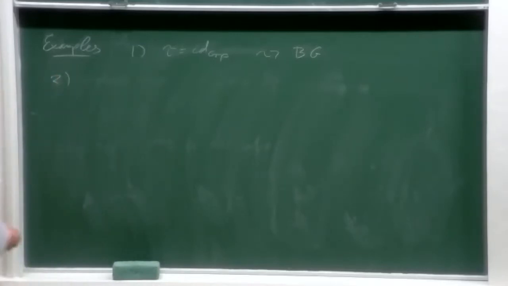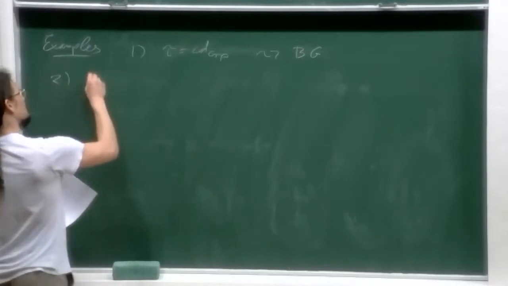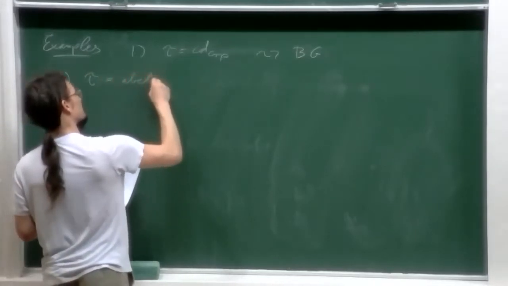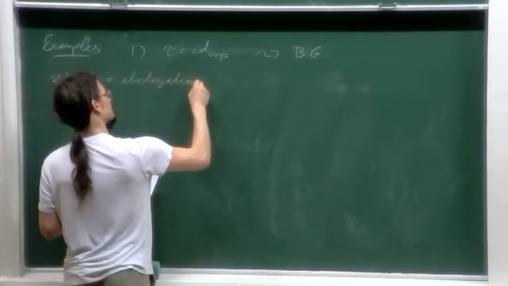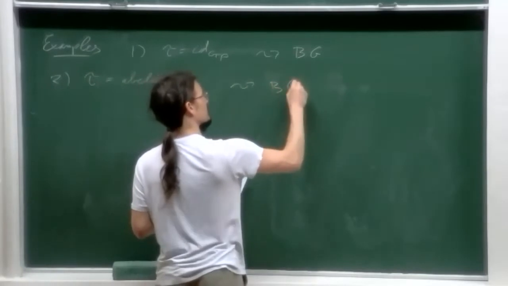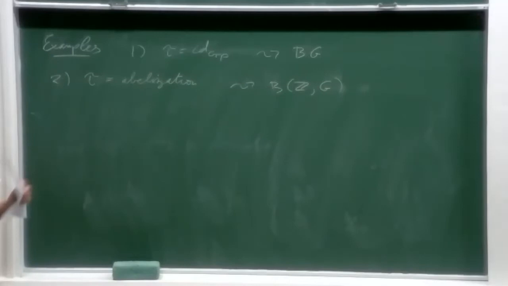And then this also includes the transitionally commutative version. So you can make tau to be the abelianization functor. Then this setup is going to spit out the classifying space BZG.